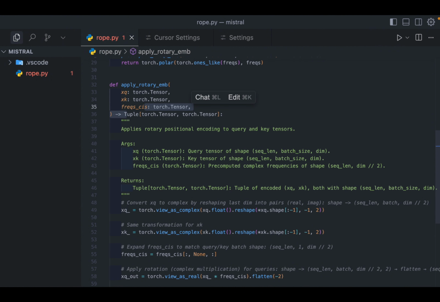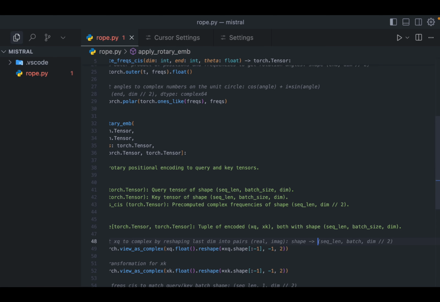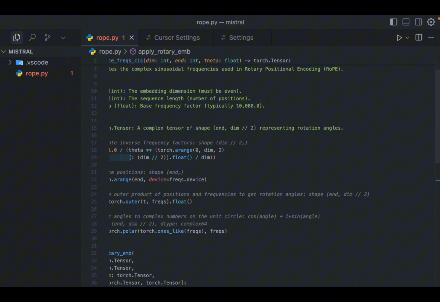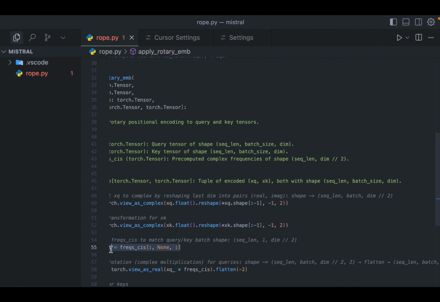We turn the query and key into complex numbers to do the complex operation. Remember, their shape is sequence length, batch, and half of the dimension, so three dimensions, but the frequencies only have two dimensions. So we need to add an additional dimension in order to match them and make the multiplication easier.